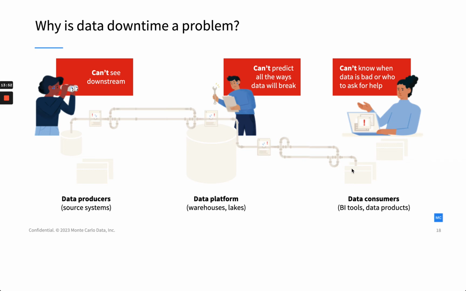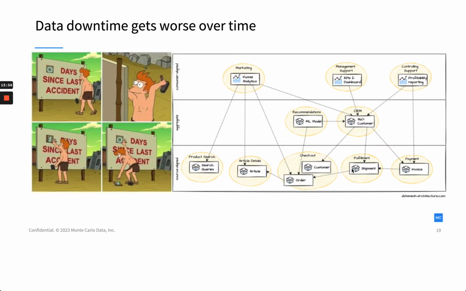Echoing that, data downtime really gets worse over time. If you look at this slide here, it has a funny visual of someone commenting that there's really no days without a data incident. But data downtime does get worse over time as the size and complexity and rate of change of your data grows.